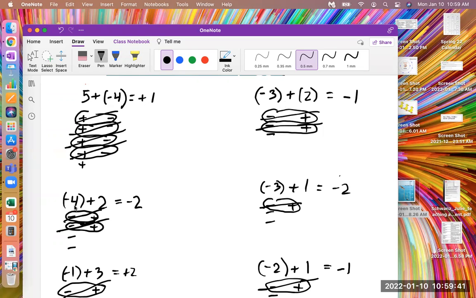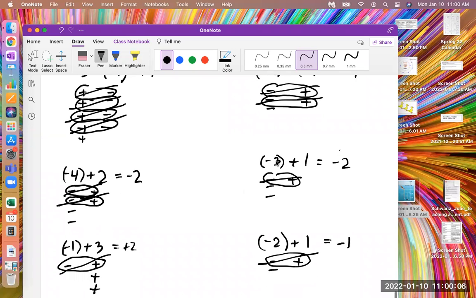And then the same thing here, like a -4 and +2. I'm looking at the absolute value of 4, meaning I'm not thinking about the negative sign. I'm looking at 4 and 2, which one's larger? Okay, 4 is larger and it has a negative sign on it, so therefore the negative is going to be the answer.